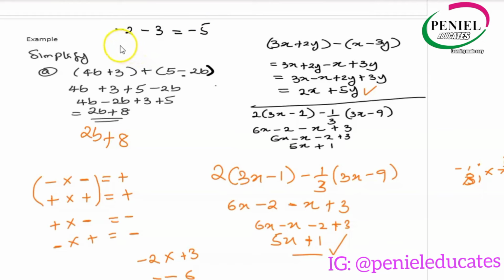Say we have a 6 and minus 15. So what we are saying is a positive 6 minus 15, that's what it means. This negative 15 is more than positive 6, so your answer is going to be a negative 9.